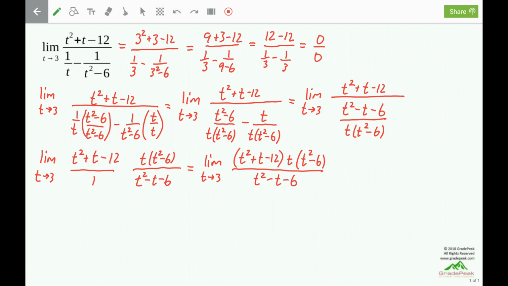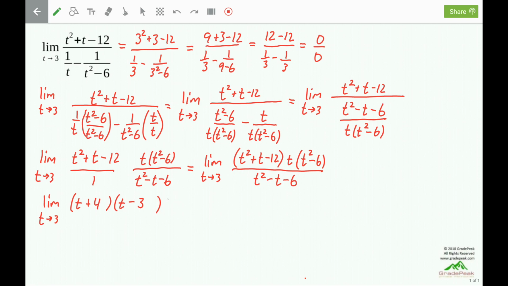So that's going to be our next step, is to work out the factoring of each of those trinomial quadratics. So the first one, we have a t and a t. We need two numbers to multiply to negative 12 and add to positive 1. So it sounds like plus 4 and minus 3.